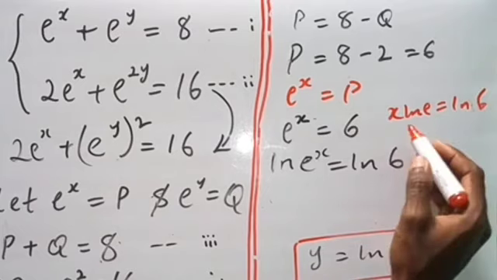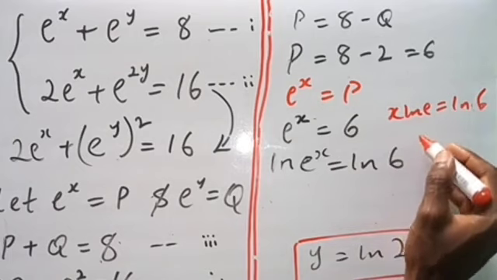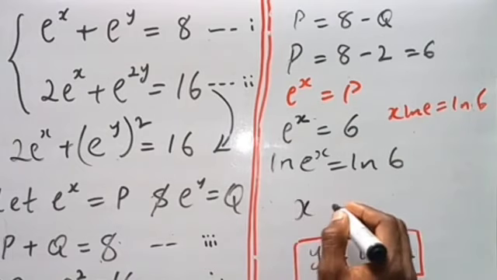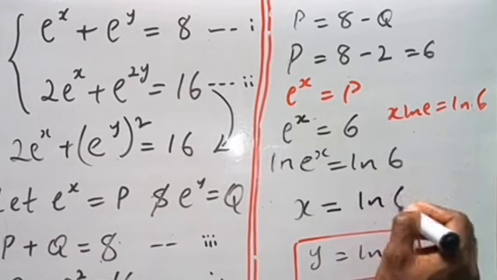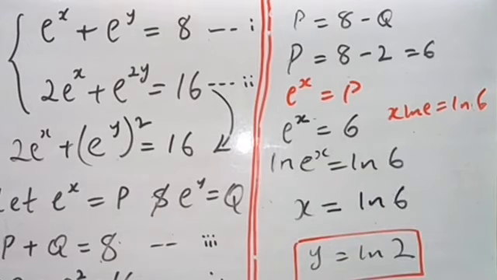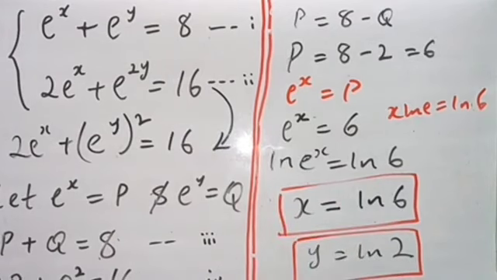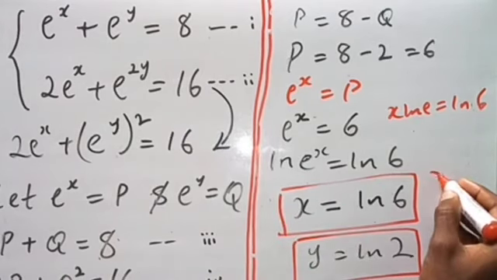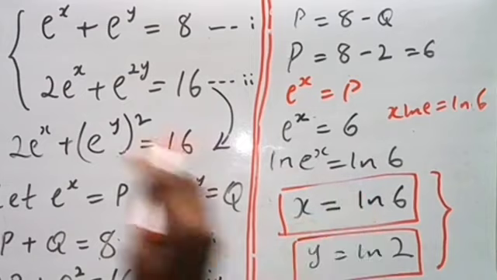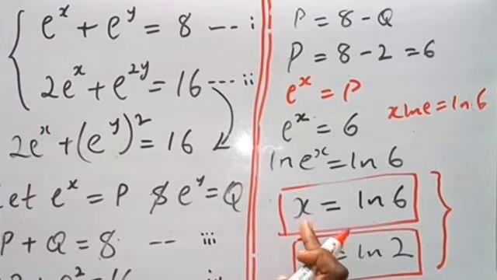And since ln e is equal to 1, we have x equals ln 6. So this is the value of x. So these are the two solutions of this simultaneous equation: x is equal to ln 6, y is equal to ln 2.